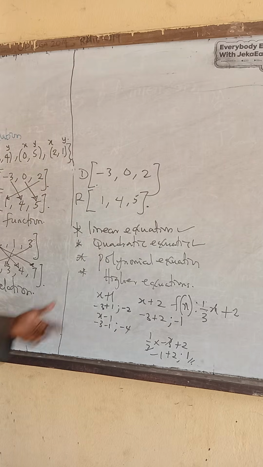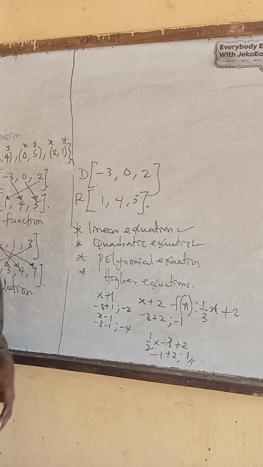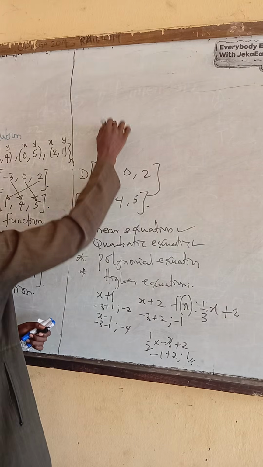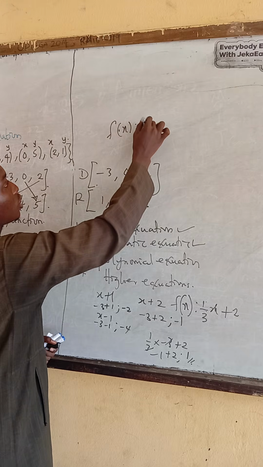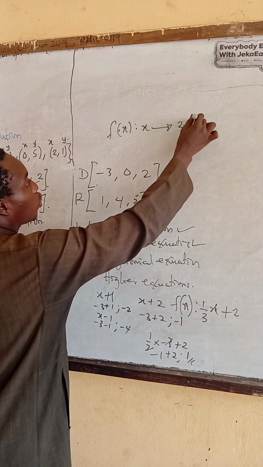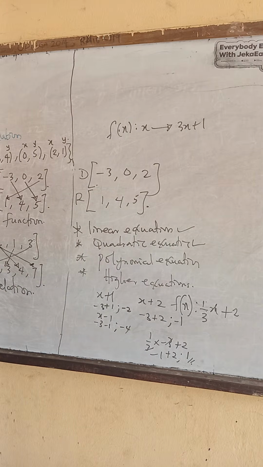So I'm just trying to show you that a mapping is a mathematical rule to a function. Any function that has a mathematical rule. So most of the time you see a question under mapping that says a mapping is defined by f of x equals maybe 3x plus 1 or something like that. They now ask you to find the range, or they ask you to find the codomain or anything.